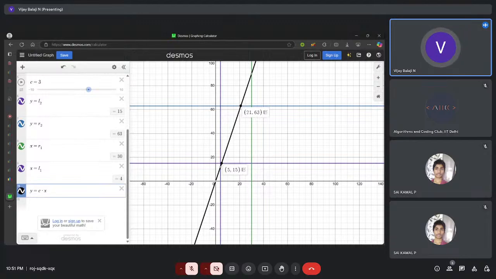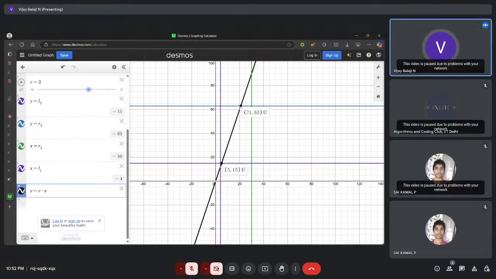And the number of points within this line segment can be found out by calculating the minimum x coordinate of this point and the x coordinate of this point, and finding the difference between them. In this case it's 5 and 21, so that should be 21 minus 5 plus 1 integral points.